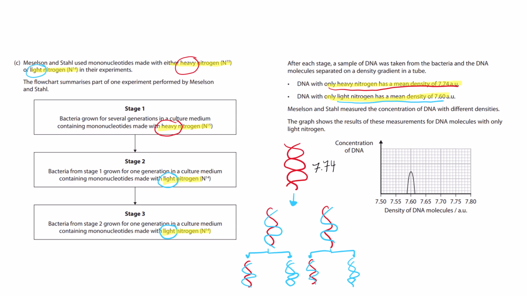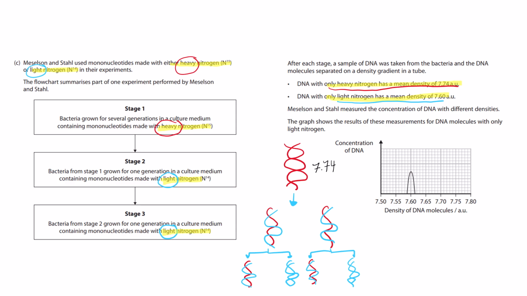Stage 1, bacteria is grown for several generations in a culture medium containing mononucleotides made with heavy nitrogen N15. Stage 2 is bacteria from stage 1, meaning that it has nitrogen 15, grown for one generation in a culture medium containing light nitrogen N14.